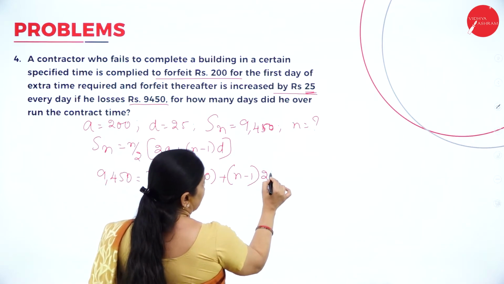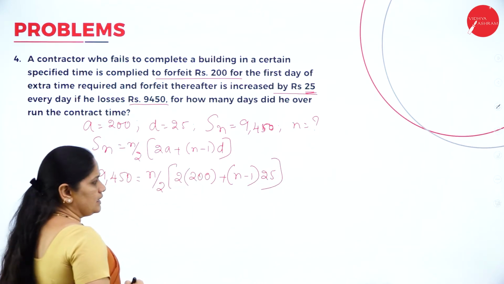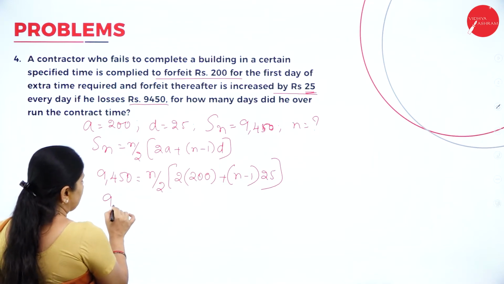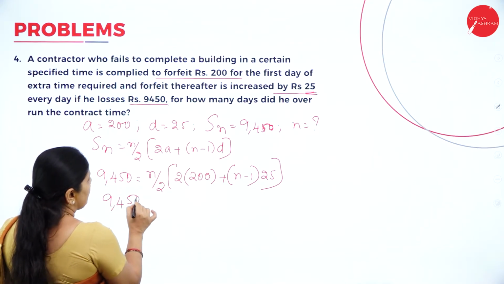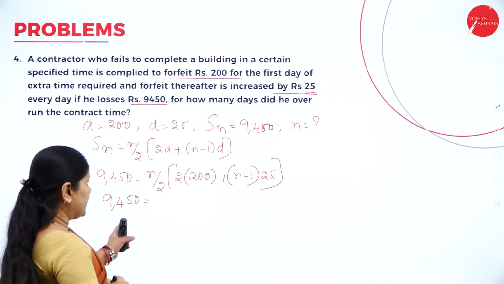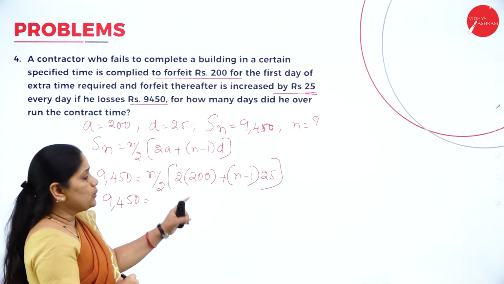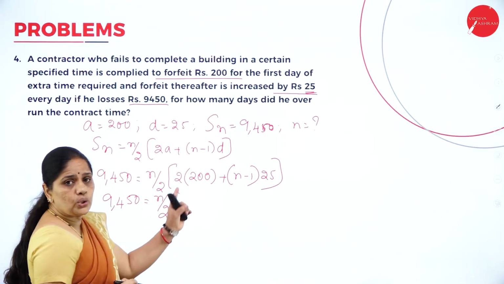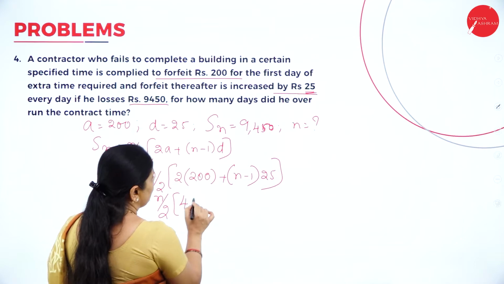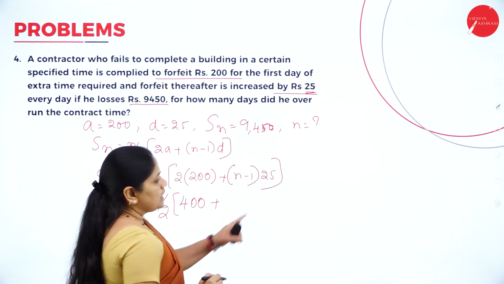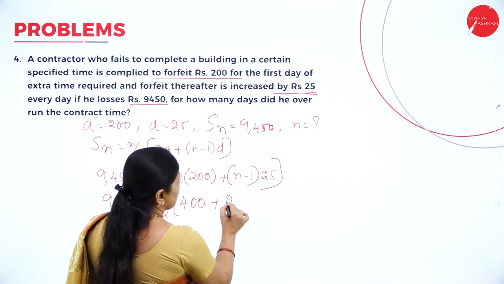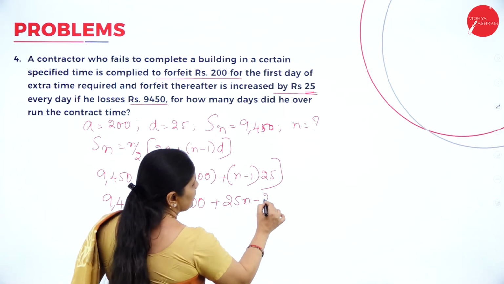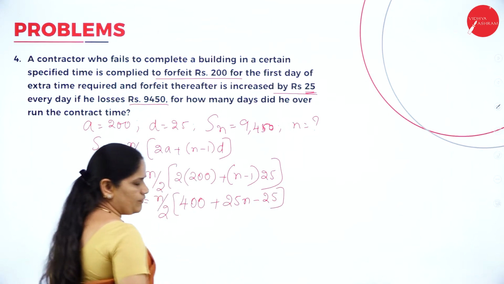So I got this expression here, and now I am simplifying this. 9,450 equals N by 2 into, so N by 2 I keep as it is, 2 into 200 is 400 plus 25 into N is 25N minus 25 into 1 is 25.